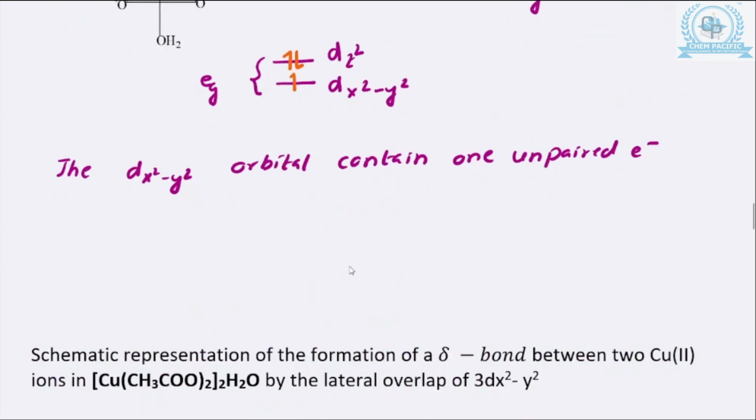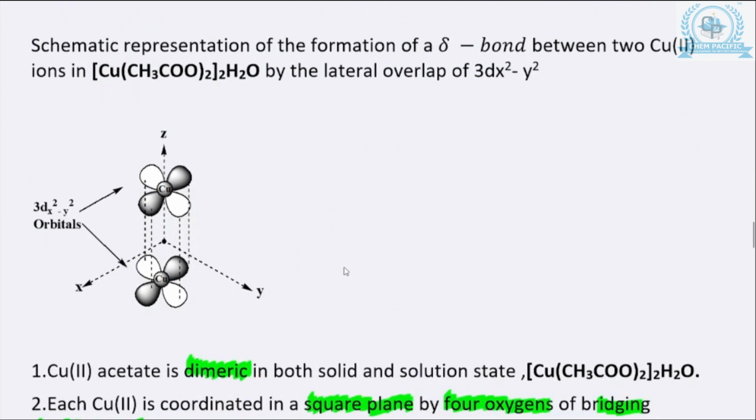they tend to pair up. See, this is the schematic representation. I have already done this for you. This is the schematic representation of the formation of the delta bond between 2 copper 2 plus ions in the given complex by the lateral overlap of dx² minus y² orbital.